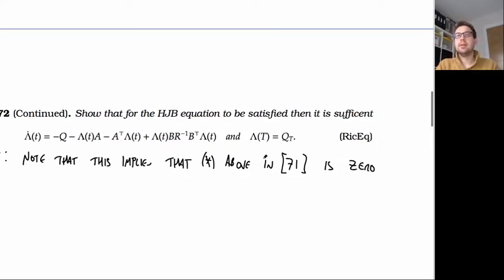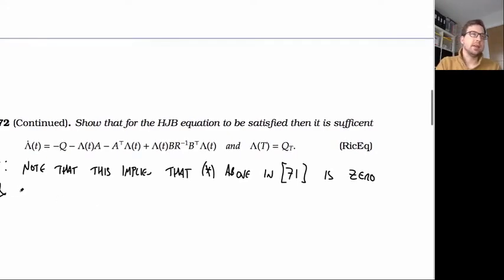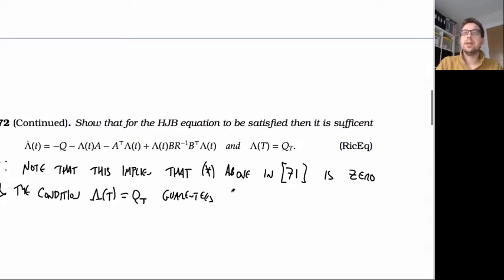Okay, and further, the condition lambda t equals q of t guarantees that the optimal solution L of t of x is equal to x transpose q t x. Okay, so from the termination condition of the HJB equation.